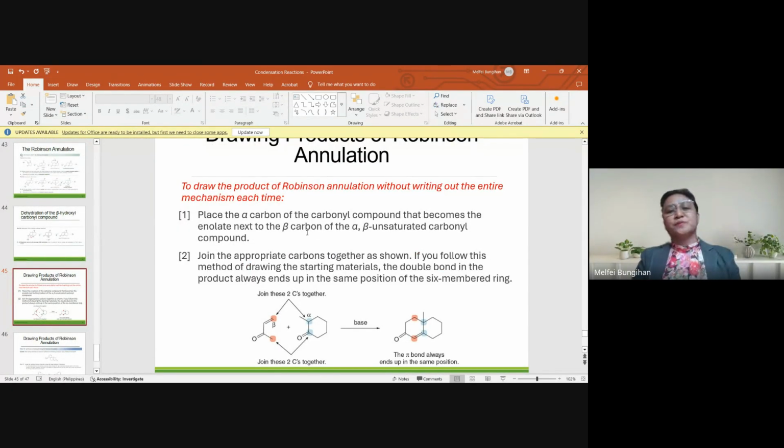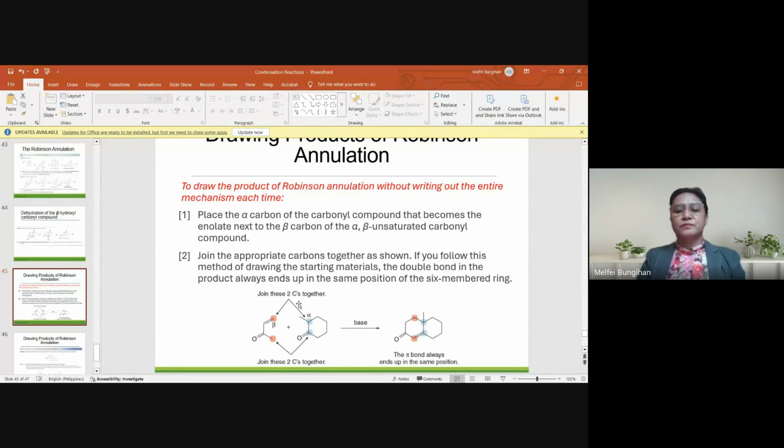Now, to draw the products of Robinson annulation without writing out the entire mechanism each time, you just need to look into what were the positions that were reacting together. Place the alpha carbon of the carbonyl compound that becomes the enolate. Of course, your carbonyl compound becomes your enolate, because your alpha, beta unsaturated ketone is your electrophile based on Michael.